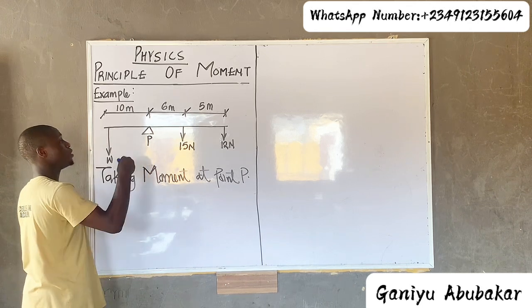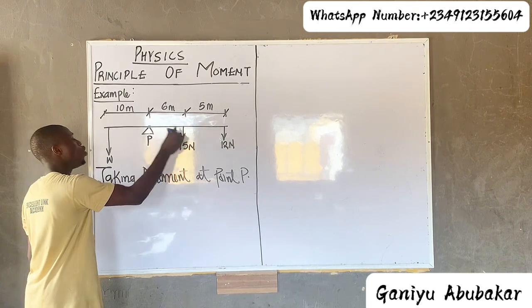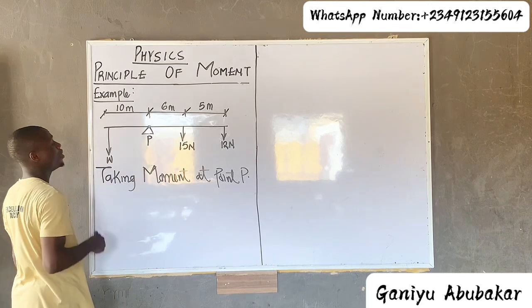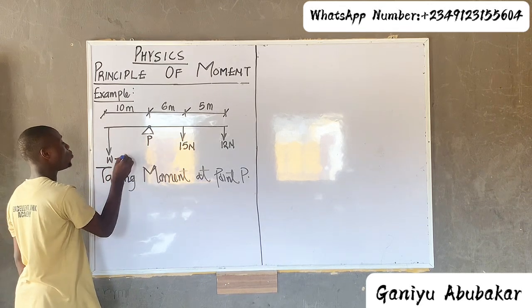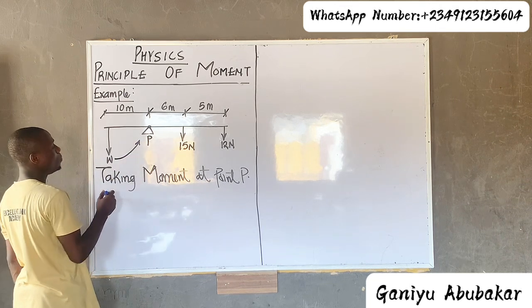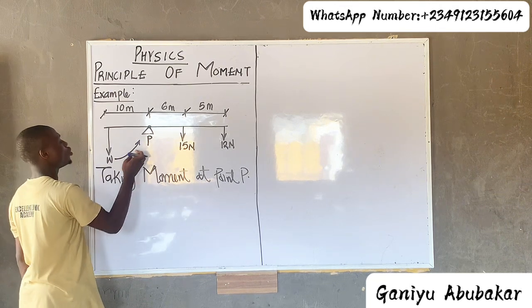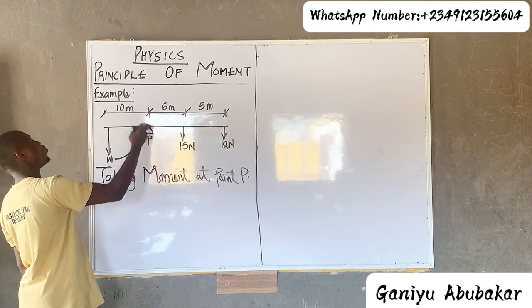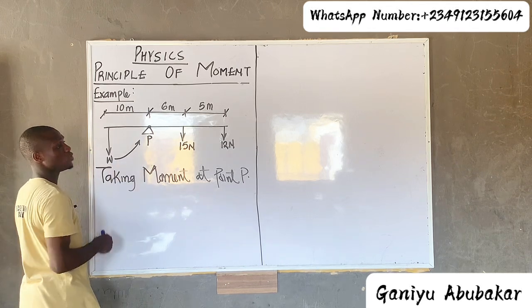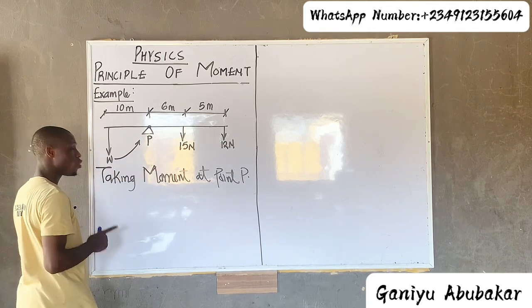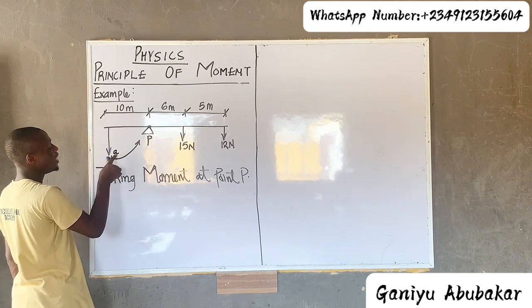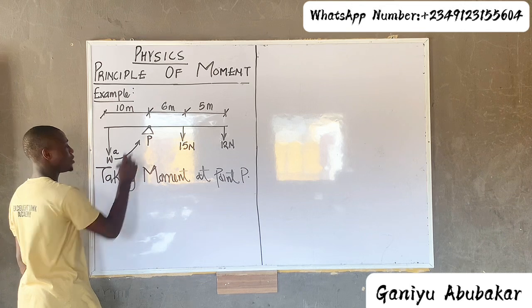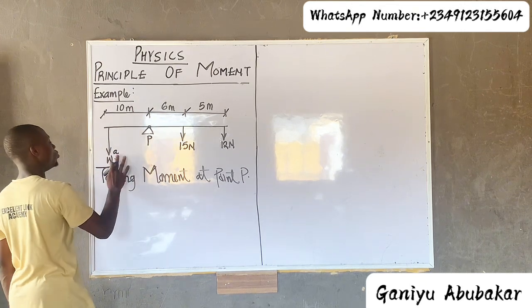Anywhere you're taking moment from, all these forces should come down there. Now observe my W. If W moves to point P in this manner, I ask you, this direction, is it clockwise or anti-clockwise? Of course, it is anti-clockwise. So W here is anti-clockwise. Let me call it A. A signifies anti-clockwise. I'm done with W.